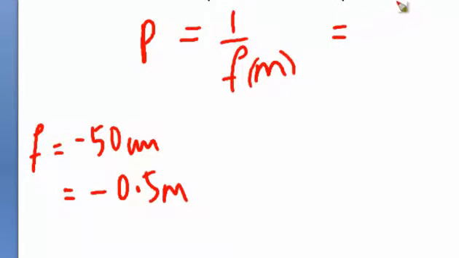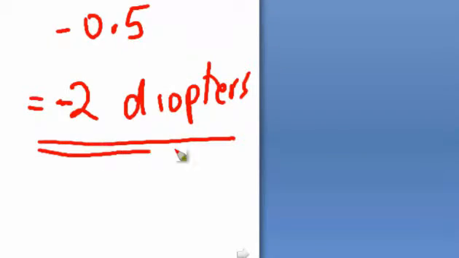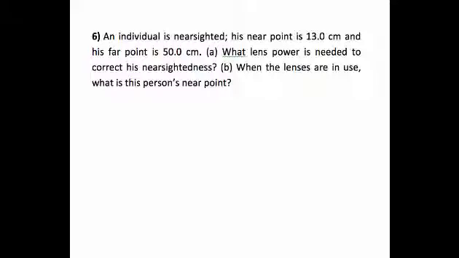So our power is equal to 1 divided by minus 0.5. You get a power of minus 2, and the unit is diopters. Whenever you go to have specs made, this is what is given as the power of your lens.